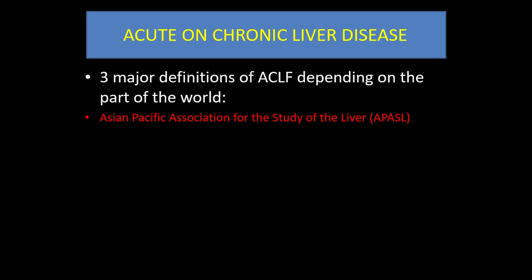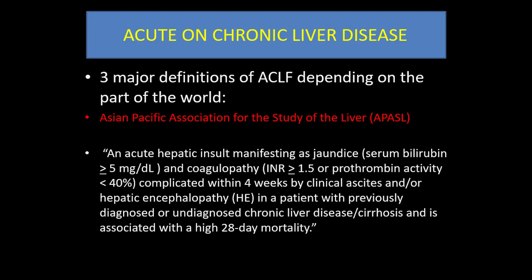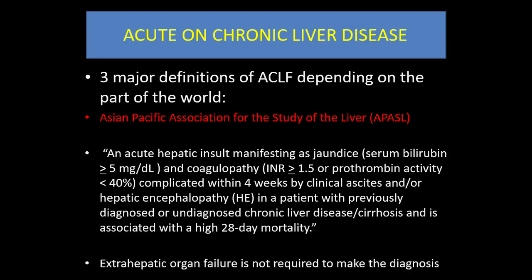So the Asia Pacific Association for the Study of the Liver says it is an acute hepatic insult manifesting as jaundice more than 5, and coagulopathy, that is INR of more than 1.5 or prothrombin activity less than 40%, complicated within 4 weeks by clinical ascites or hepatic encephalopathy in a patient with previously diagnosed or undiagnosed chronic liver disease or cirrhosis, and associated with a high 28-day mortality. You can remember any one of the definitions you feel comfortable with. So no extrahepatic organ failure is required as per this definition.